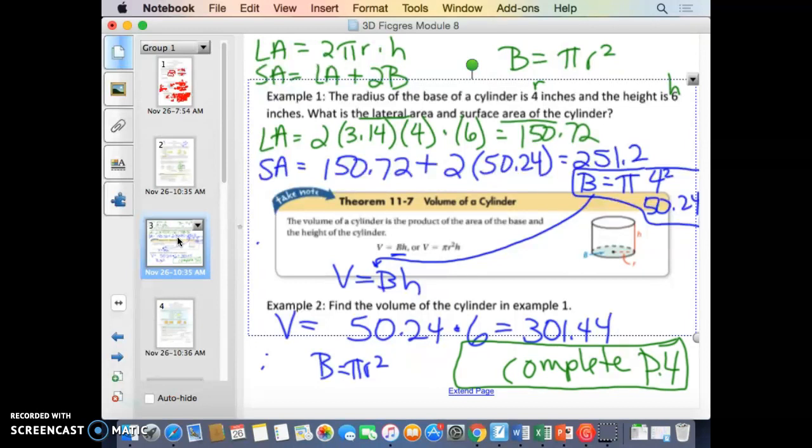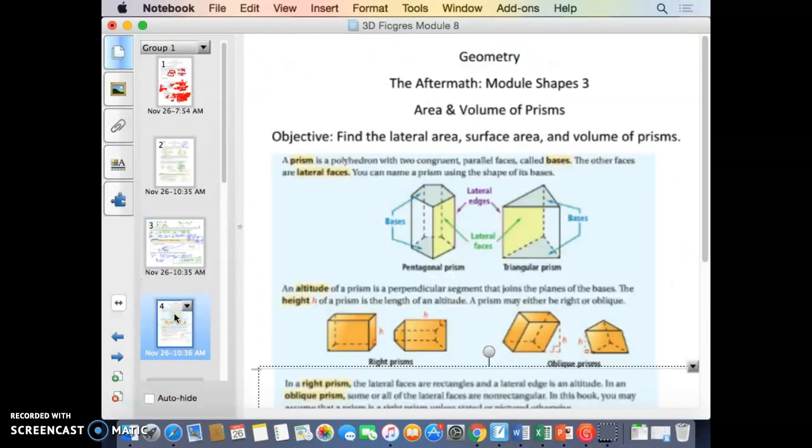The next thing we're going to talk about is this shape, and this is volume of prism. It doesn't matter what type of prism you have. It is a polyhedron with 2 congruent parallel faces called bases. This one is a pentagon base with 5 sides.